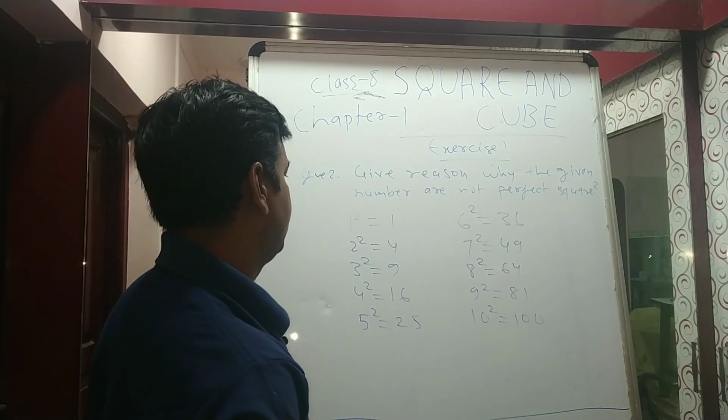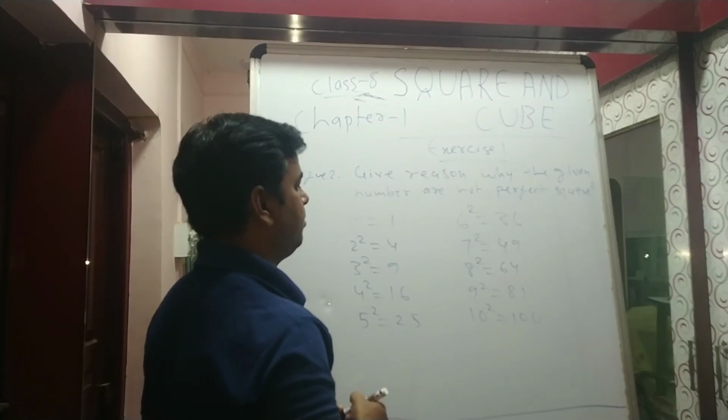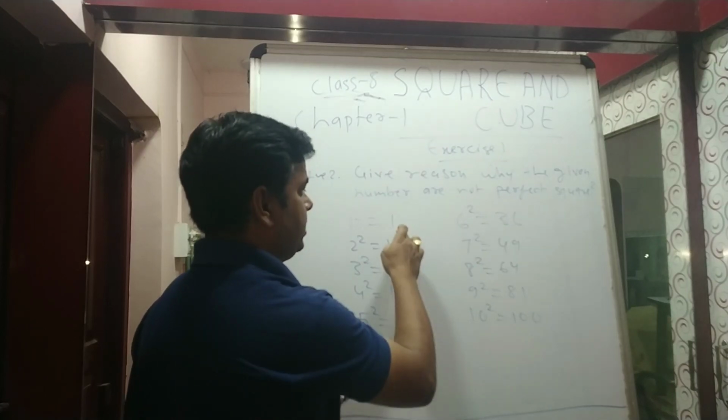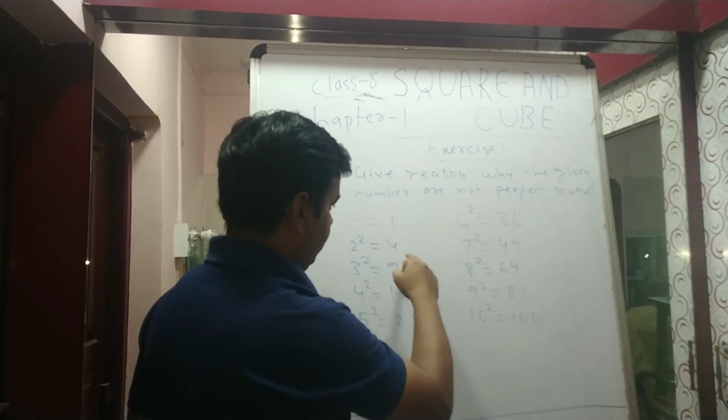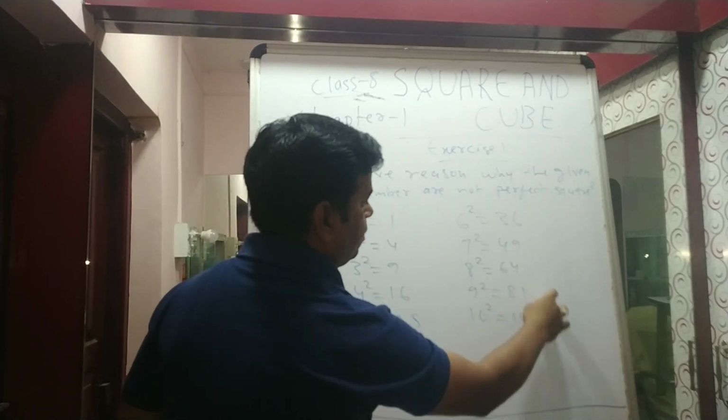Right? So if you see the unit digits, which unit digit is not there? 1 is here. If 2 is there, can you find 2?